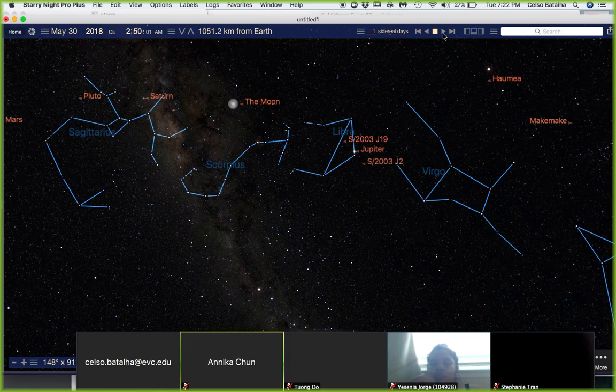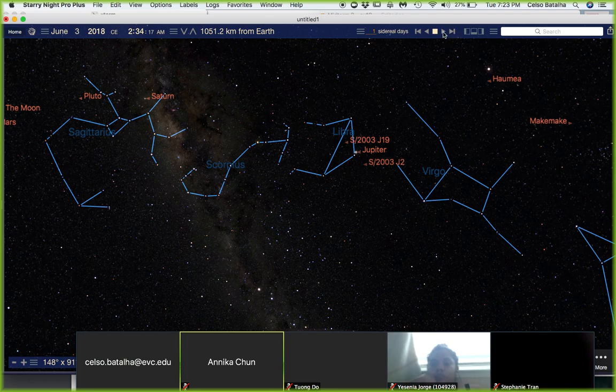So the moon is going slowly but surely towards the eastern sky, which means every day, if you keep staring at the same sky region, you see the moon passing from your right hand side to your left hand side. And again, we call this type of motion prograde motion.